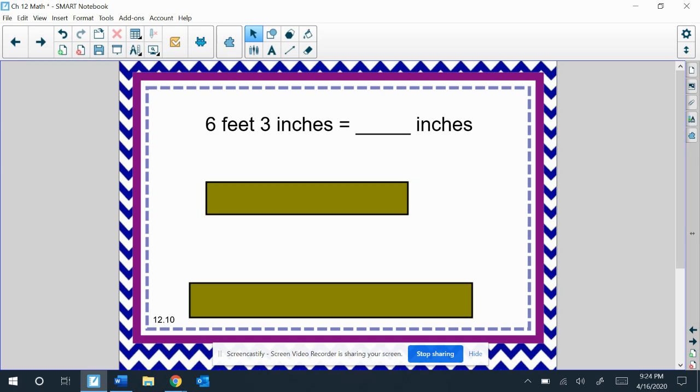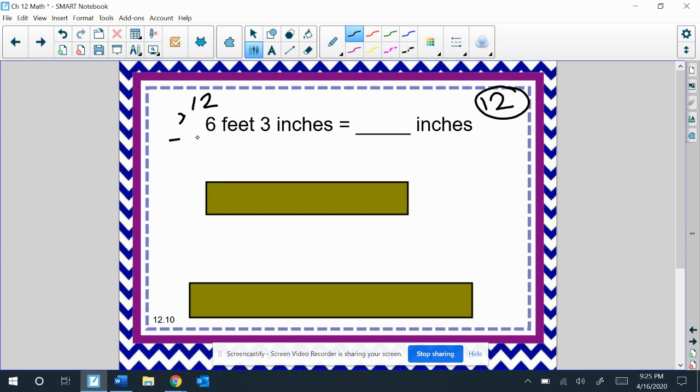All right, let's see how you did. I have 6 feet, 3 inches, and I want everything to be in inches. So I'm going to put 12 up in the corner. I have 3 inches. That's already in inches, I don't need to multiply that one, but 6 feet, feet is not yet in inches. I do need to multiply that one. 12 times 6.